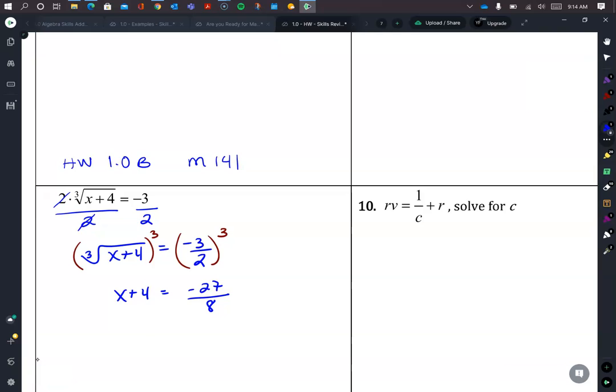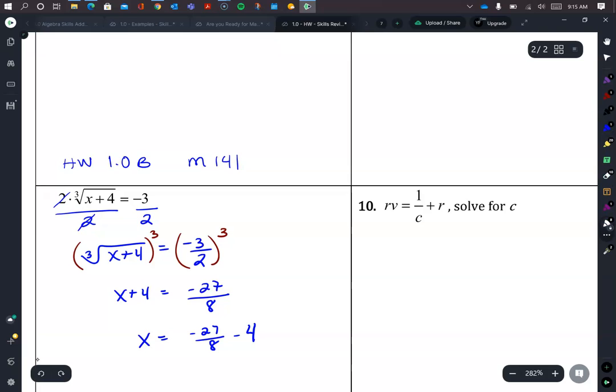Now we're going to subtract 4 on both sides, and then we can just crunch the numbers. 4 would be the same as 32 over 8, so I'm going to write that as 32 over 8 to get a common denominator.